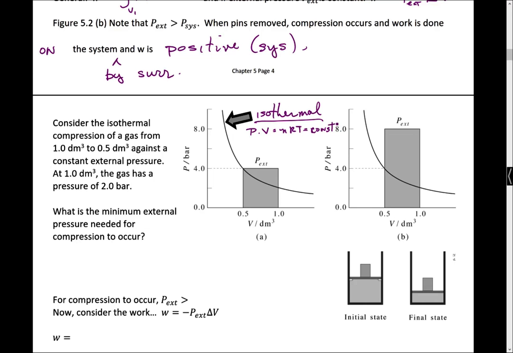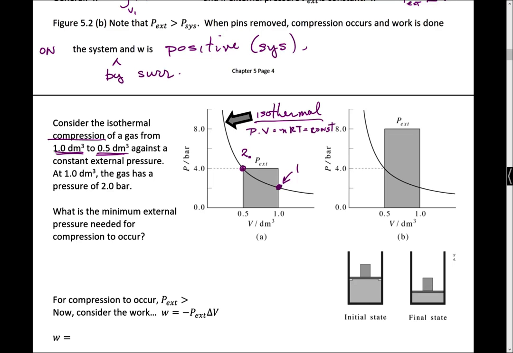Okay? All right, so explicitly for this example, what we're going to look at is a compression from 1 decimeter cubed. So that's sitting at that point. And then we're going to compress to 0.5 decimeter cubed, that point. All right? And we're doing this isothermally, which means the gas has to exist on this isotherm if I'm not changing the temperature. Okay?